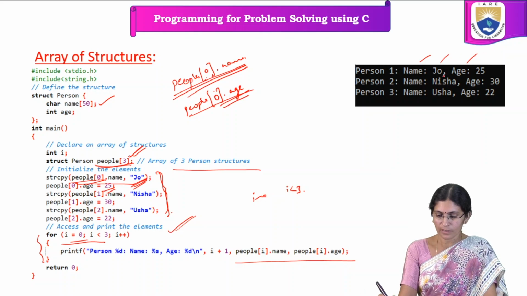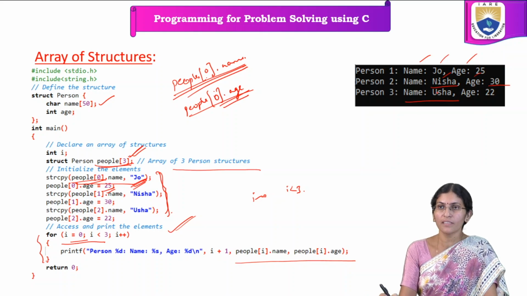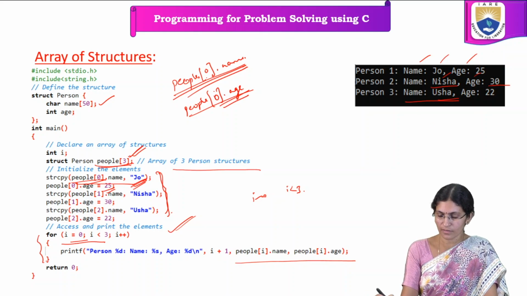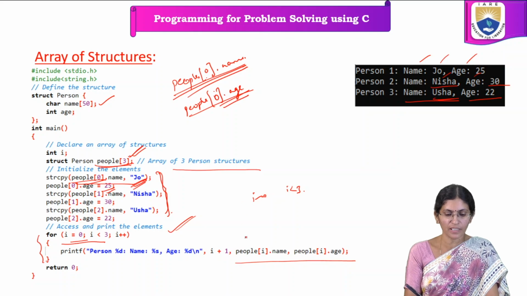Person 2 has 2 attributes, name and age: name is Nisha and age is 30. And person 3, her name is Usha and age is 22. In this way, this is a simple program where we have seen how to declare a variable and how to use the concept of array of structures.